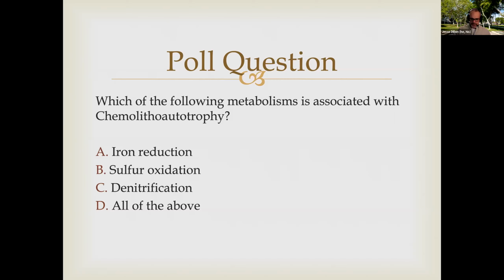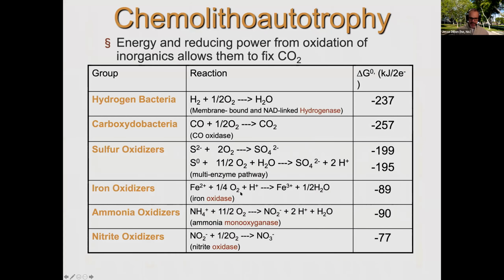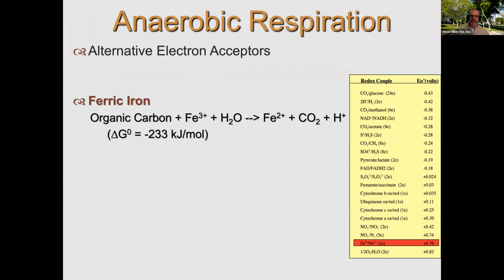Right. So if we look back at the previous page, right, iron oxidizers. But we have to go back to this page for it to be iron reducers. So these guys are not chemolithoautotrophs.